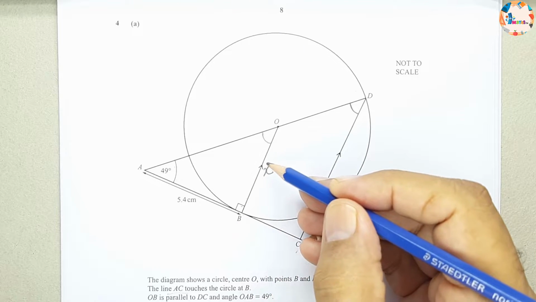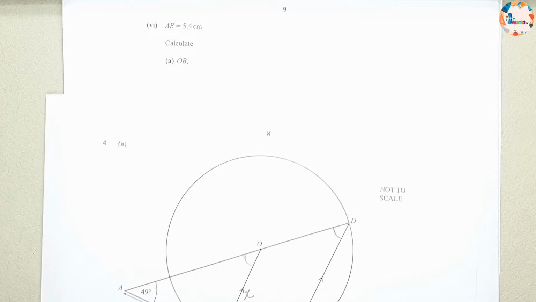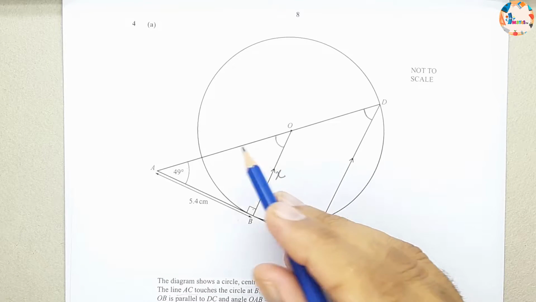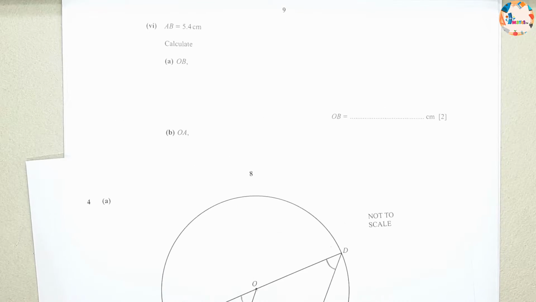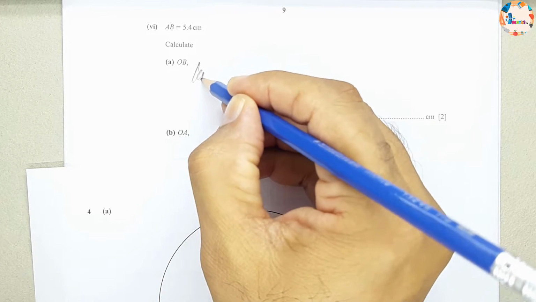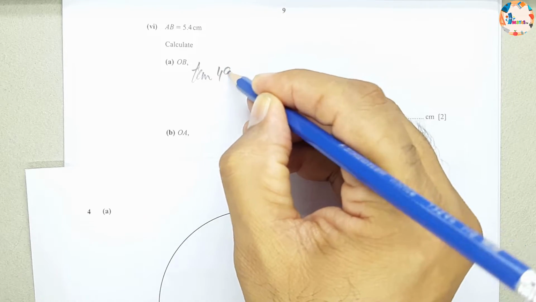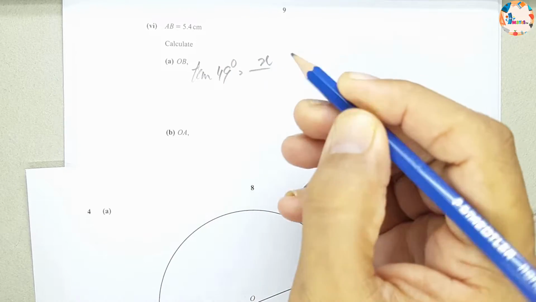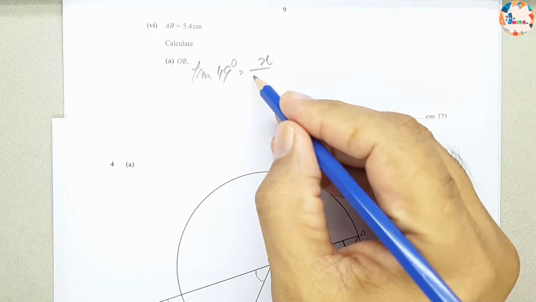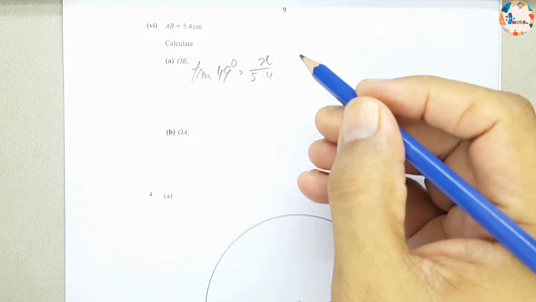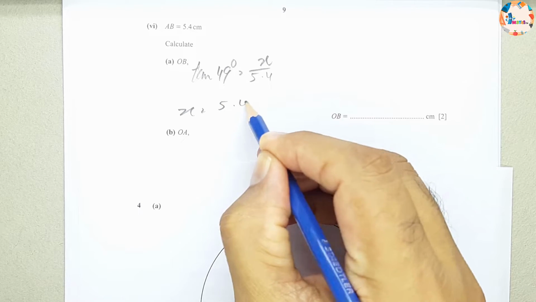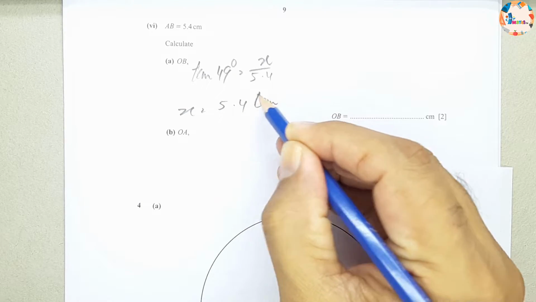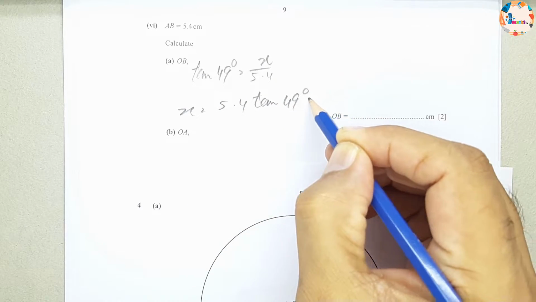We can find this OB by tangent. This will be sine, cos, and this will be tangent. So tan 49 degrees will be equal to X over 5.4, and this implies X will be equal to 5.4 into tan of 49 degrees.